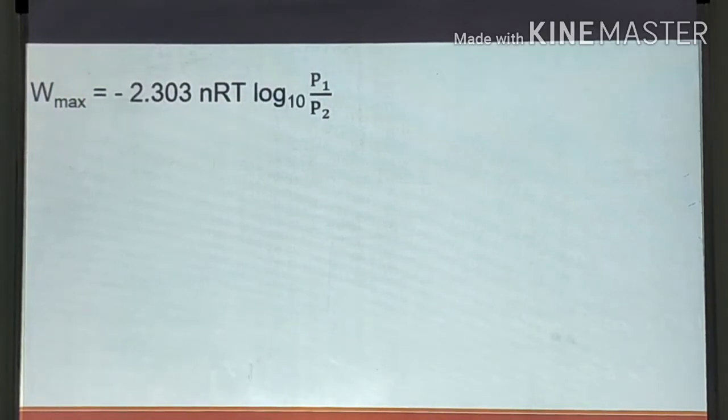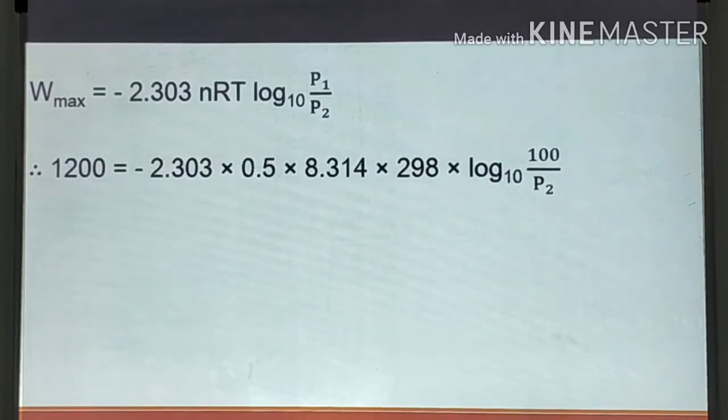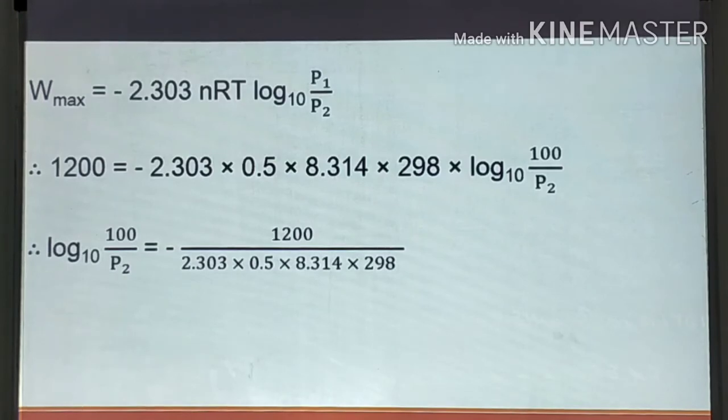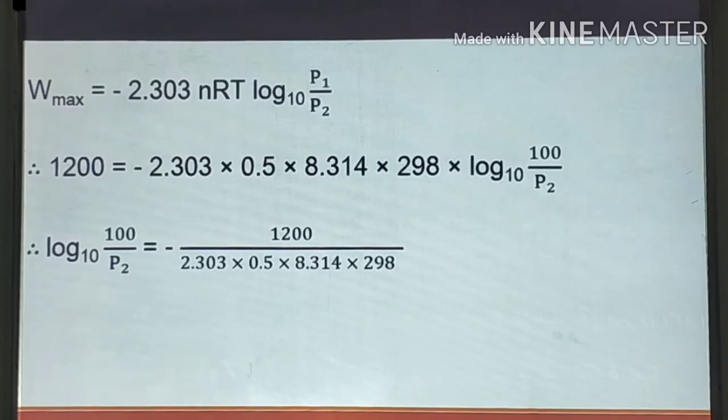Now I will substitute all the values in the expression of W max. So W max formula, see the substitution. W max 1200 is equal to minus 2.303 into n 0.5 into R 8.314, temperature 298, log to the base 10, initial pressure 100. Final pressure I want to find out, so keep it P2. Rearranging the terms, I get log 100 upon P2 is equal to minus 1200 upon 2.303 into 0.5 into 8.314 into 298.